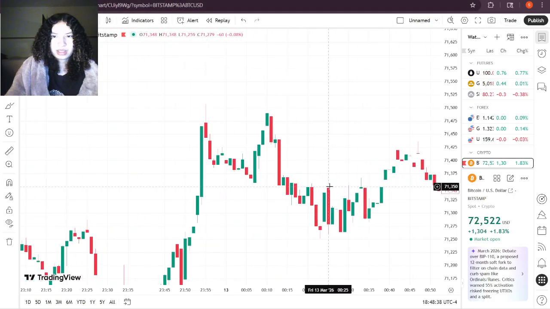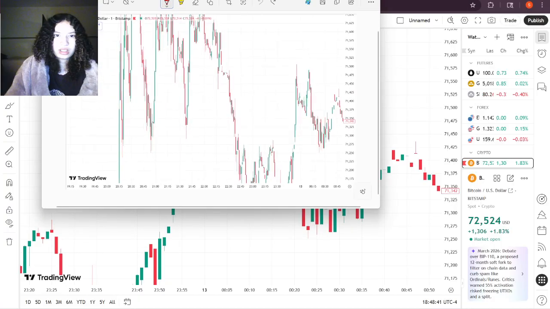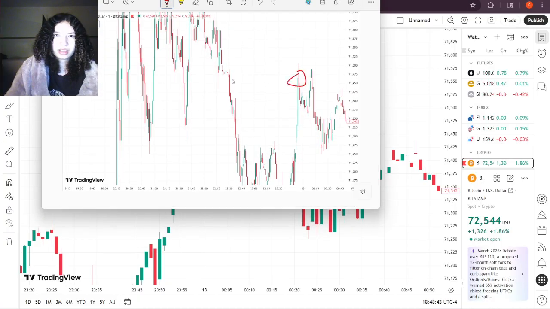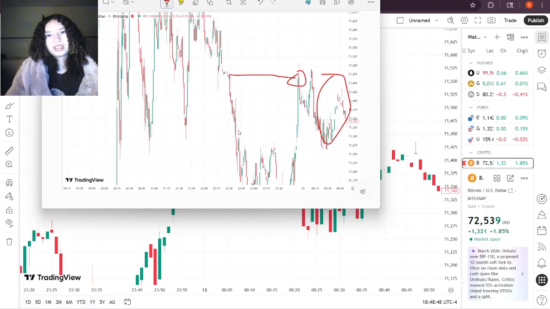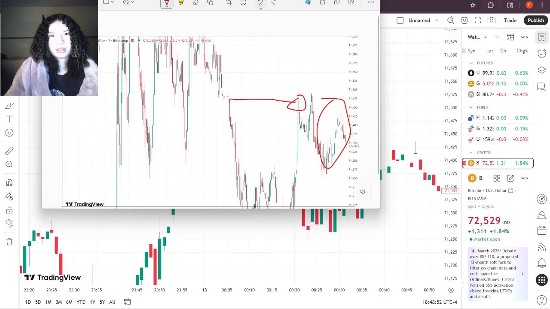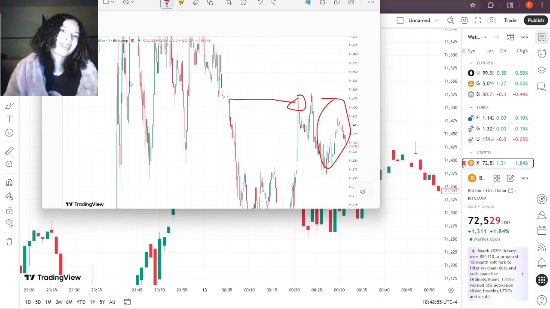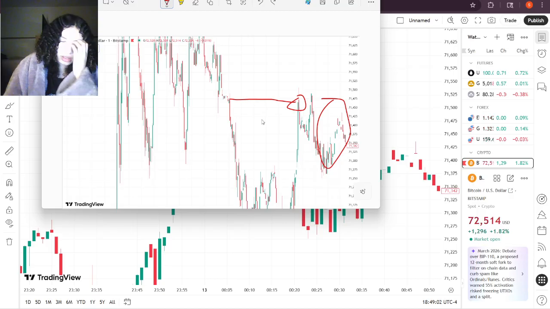Well, if I zoom in, this to me kind of looks like consolidation. Well, this here is consolidation. This is a reflection. I don't know what's going on here. Now we're gonna have a consolidation period.